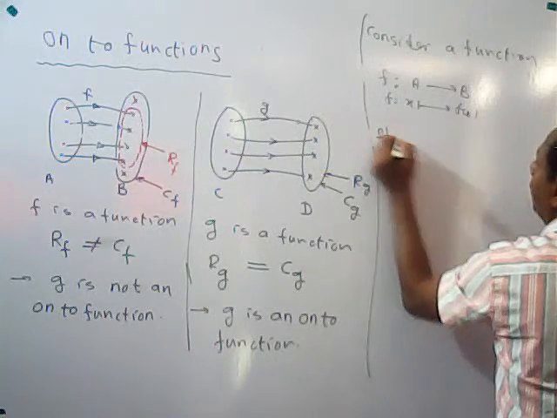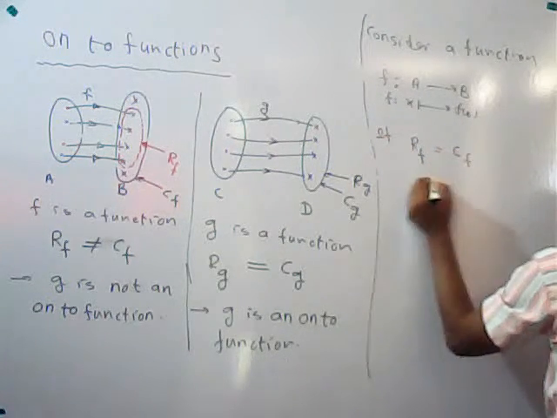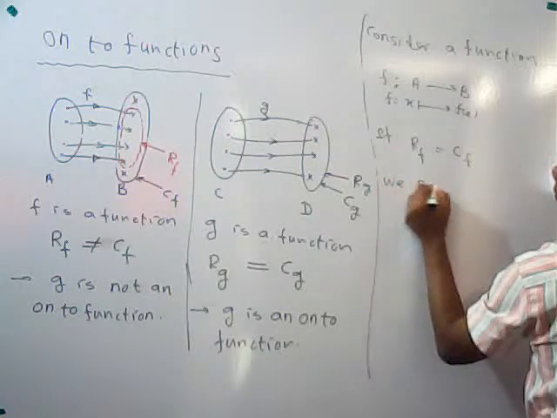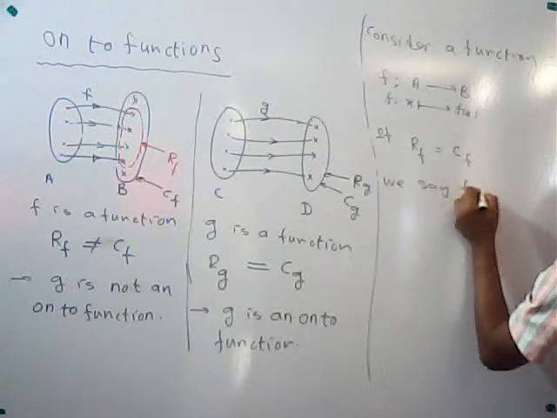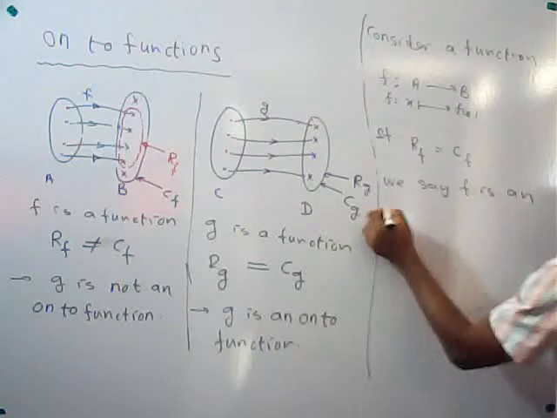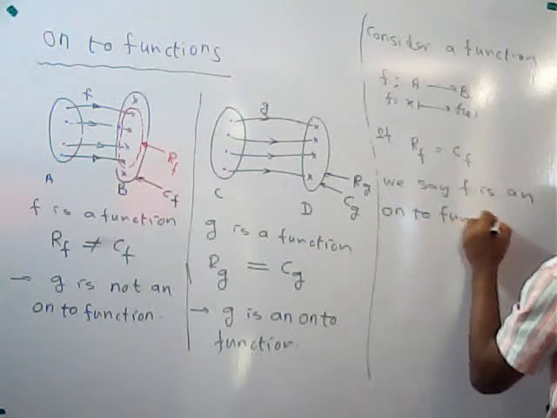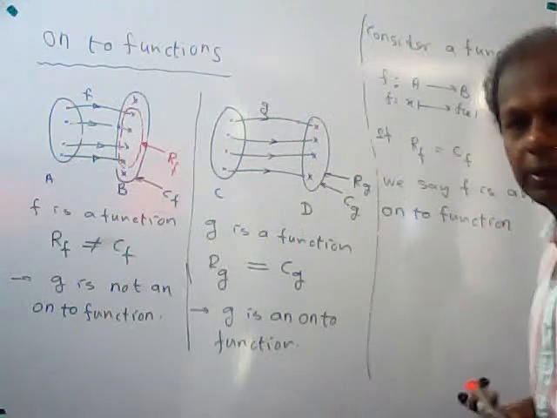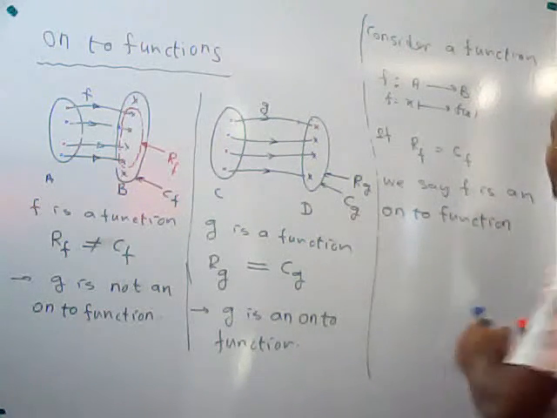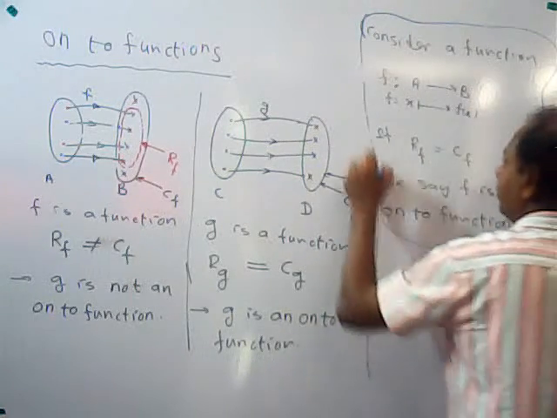If the range of f is equal to the codomain of f, we say f is an onto function. So that's the definition, right? මම හිතන්නේ මේක තේරුම් ගන්න කලින් එක තරම් අමාරු නෑ කියලා. So you take it down, then we will come to examples.